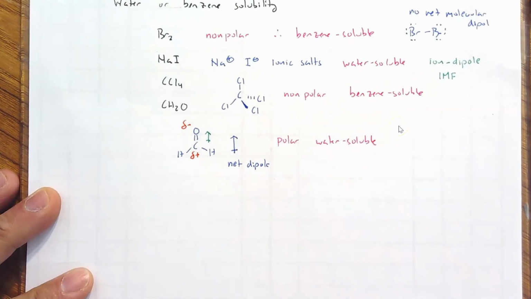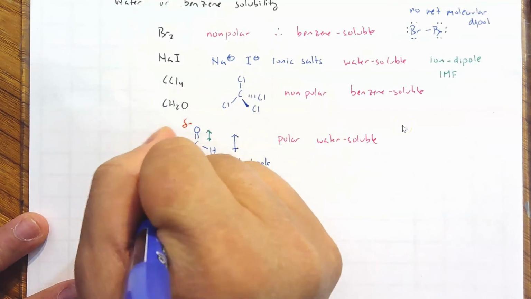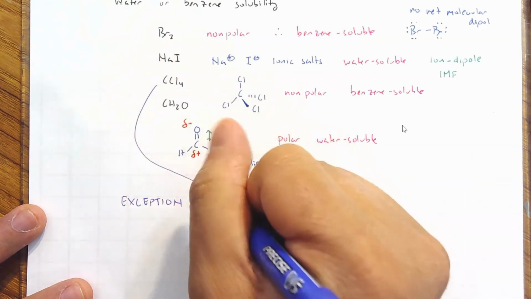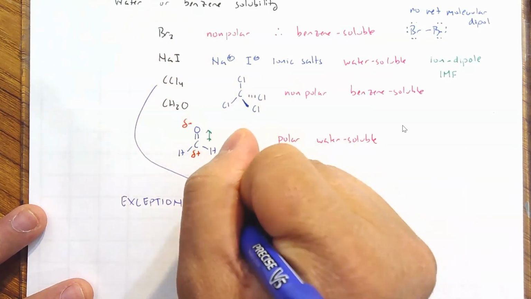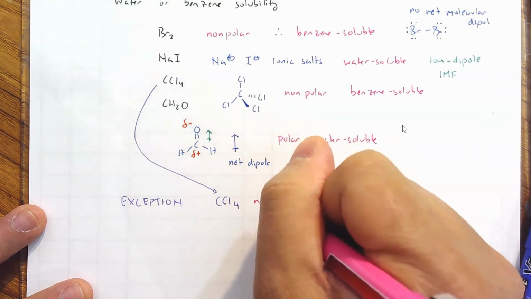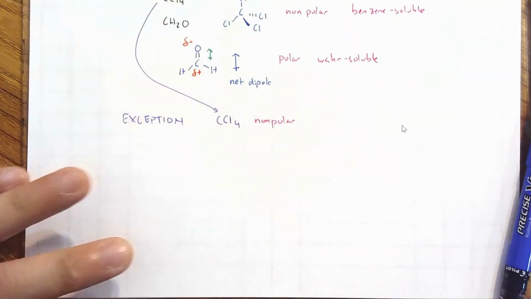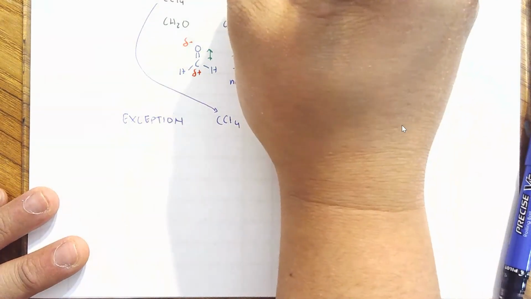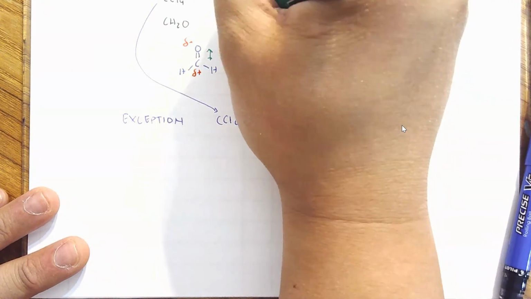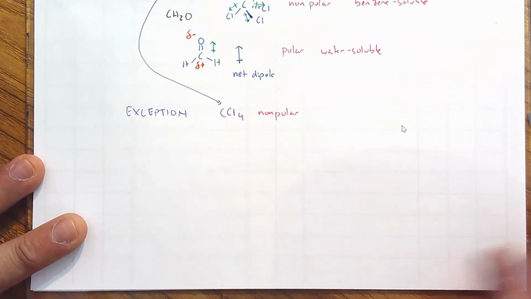Okay. One major exception. So we said CCl4 is nonpolar, because it's symmetrical. The bond dipoles cancel out. These four bond dipoles going towards chlorine cancel out based on geometry.